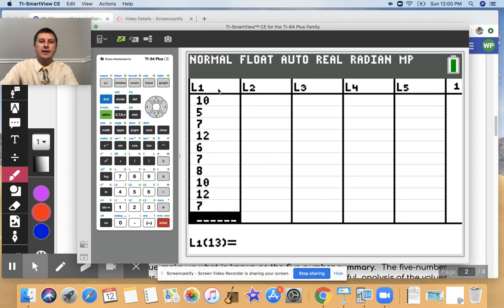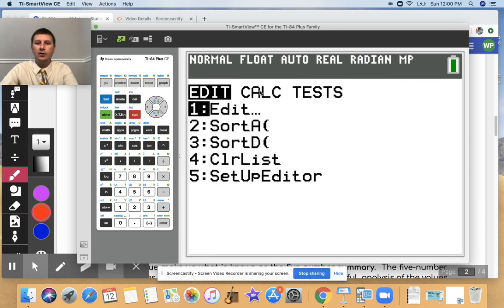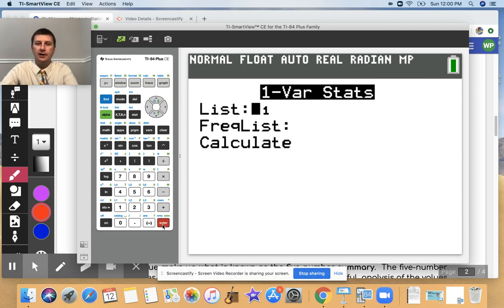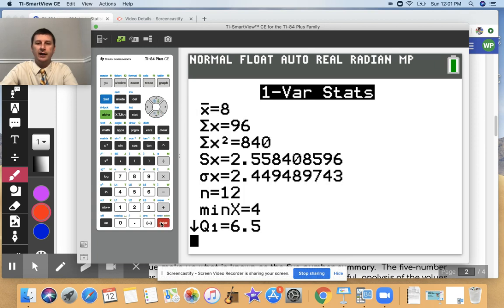Okay, now that you have your 12 data points there, you want to do your one variable statistics function in the calculator. So you're going to click on Stat again. You're going to go over to where it says Calculate or Calc by clicking the right arrow key, and then click on Enter for one variable statistics, or as it says, one var stats. And when you do that, yes, we put our numbers in list 1. We don't have a frequency list, so we're just going to calculate those values.